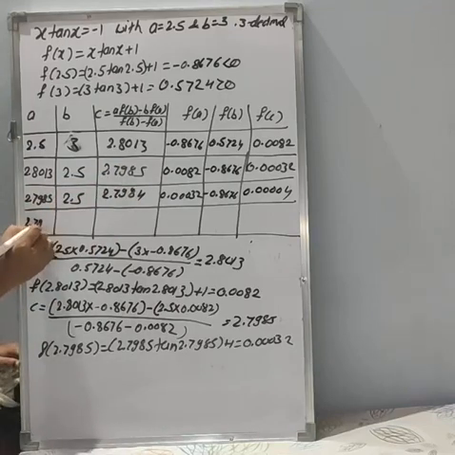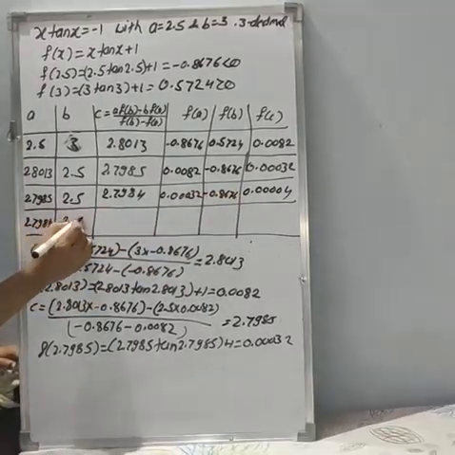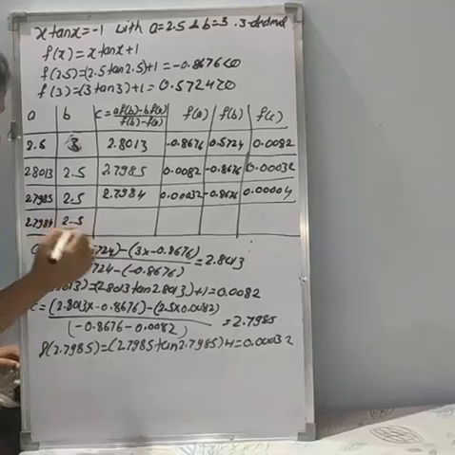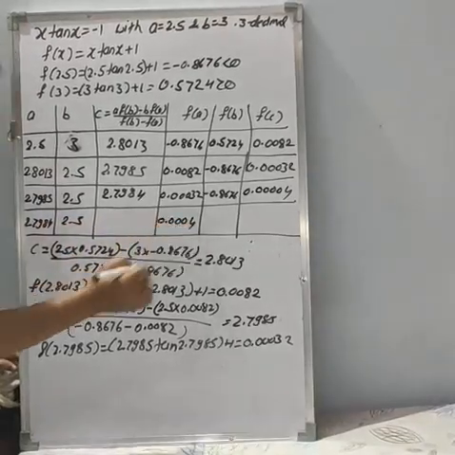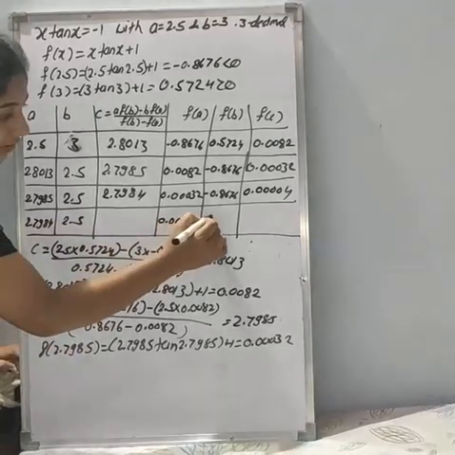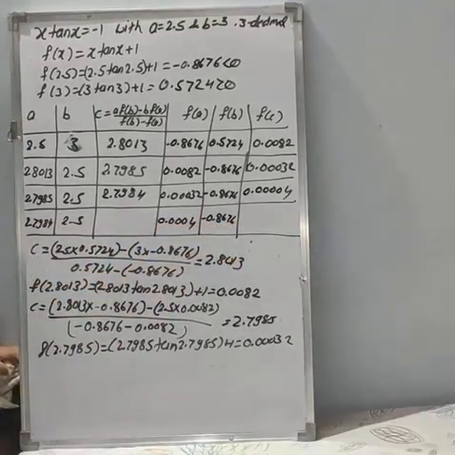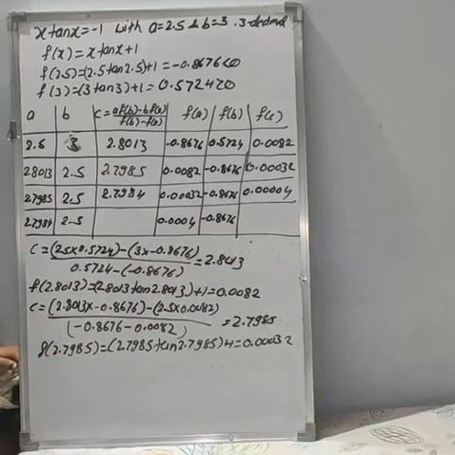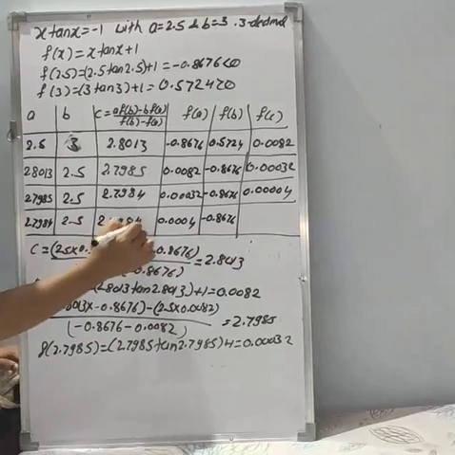So 2.7984. For 2.7984 again the value is positive, so here 2.5 remains as it is. So f of 2.7984 is 0.0004, and f of 2.5 is 0.8676. Okay. Again if you substitute the values in this formula, you will get 2.7984.